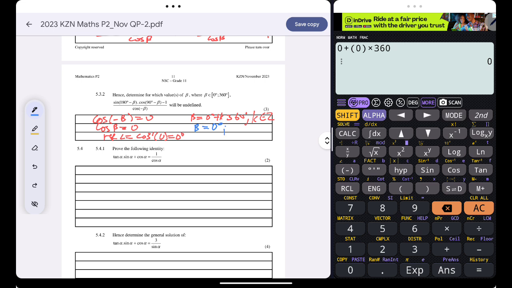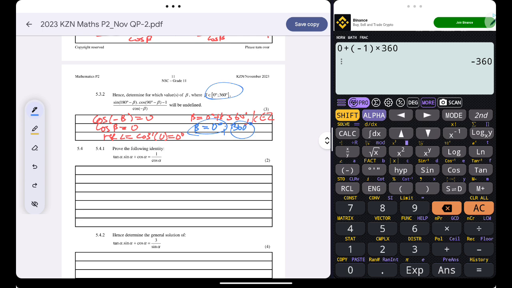Okay, another integer I should put is 1. Whenever I substitute 1, I get an angle of 360, which is still in this restriction. Let me see, what do I get whenever I substitute 2? I get 720, so I don't need to go further. Let me go to the negatives. Negative 360 is not within the restriction, so these are my only two answers. Are we together?